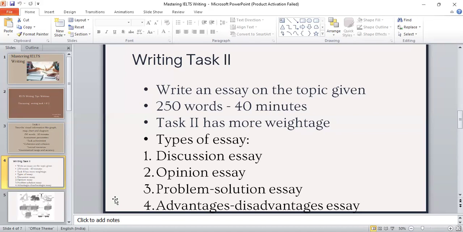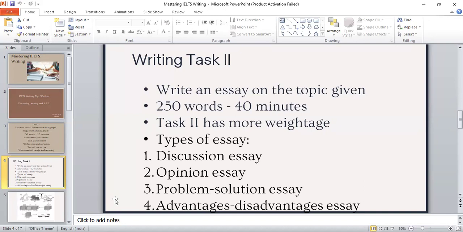Likewise, you can use different synonyms if you are repeating the same word. And use the words which are very clear to you. If you are unaware of a word's meaning, don't use that word. Use those words which you have a clear idea about.